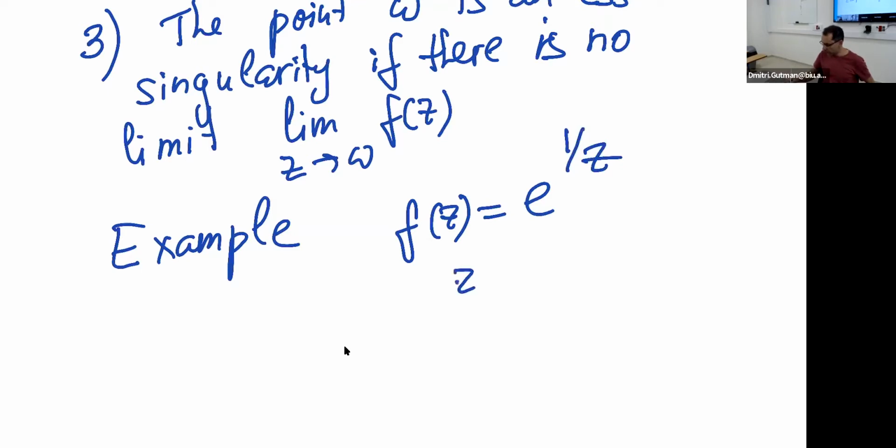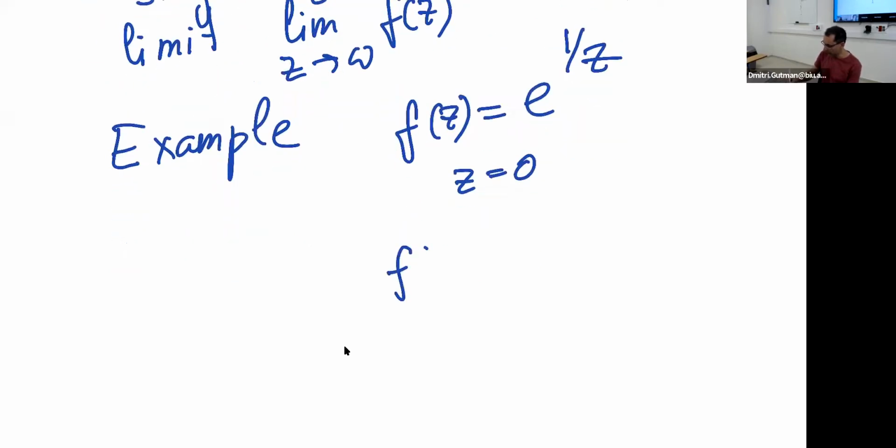Point z equals 0 is an essential singularity for this function. But obviously you can also use f of z equal e to the power of 1 over z squared, which would also be an essential singularity.